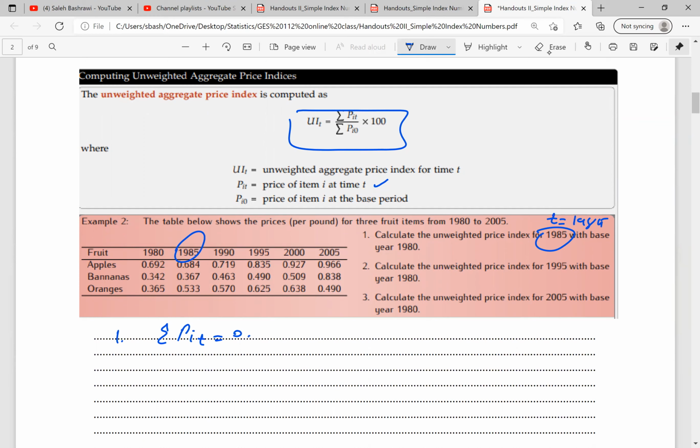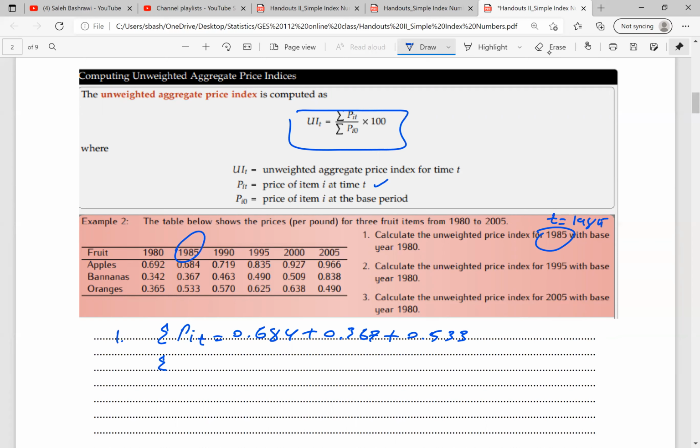So it is 0.684 plus the price for bananas, which was 0.367, plus the price for the oranges, which is 0.533.